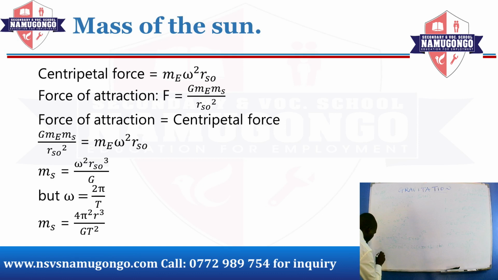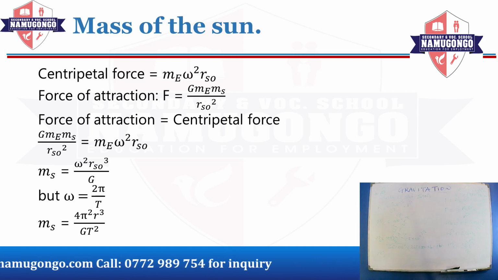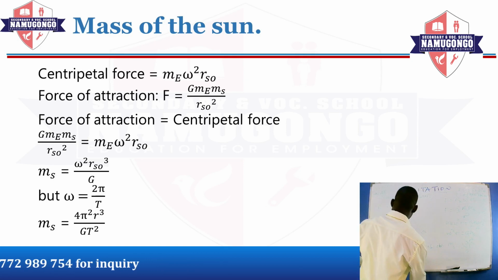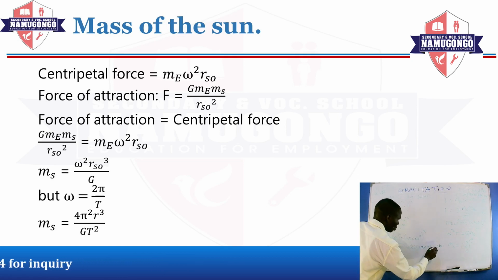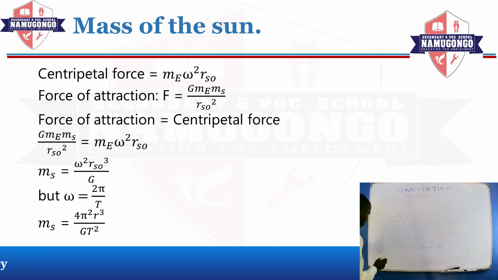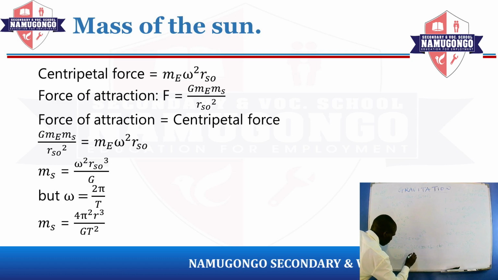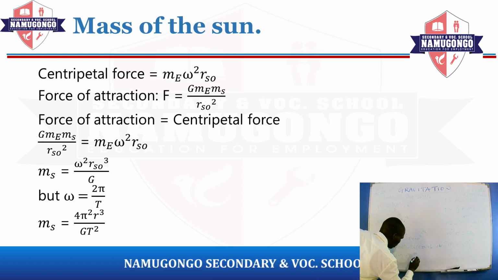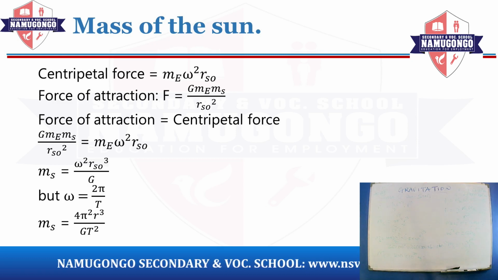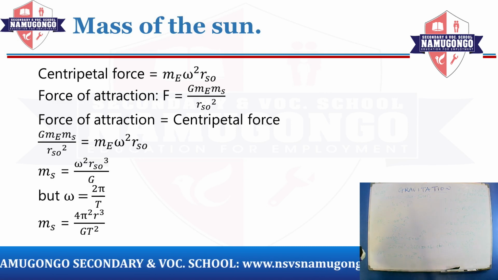When we compute this using our calculator, remember we have T being squared, so this one will be squared. Using our calculator, an estimated value of M_S, which is the mass of the sun, is 2.0 times 10 power 30 kilograms. That is the mass of the sun.